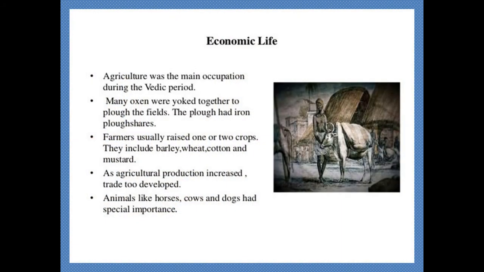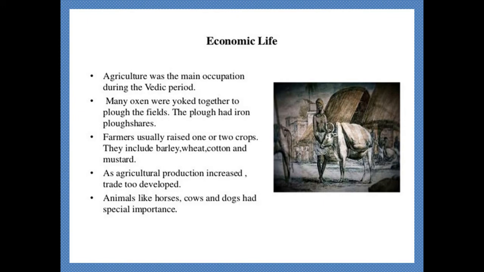Next one, the economic life. Definitely the Rigvedic times witnessed agriculture as a major occupation. Oxen were usually used to plow the land, and during this Vedic civilization, iron came into existence. Iron became one of the major metals used by the people.